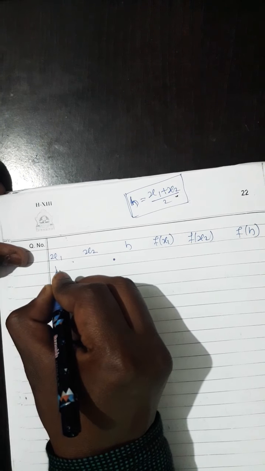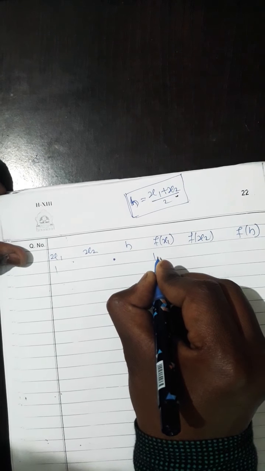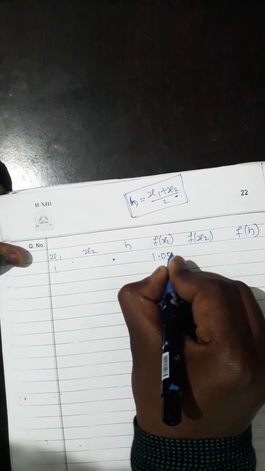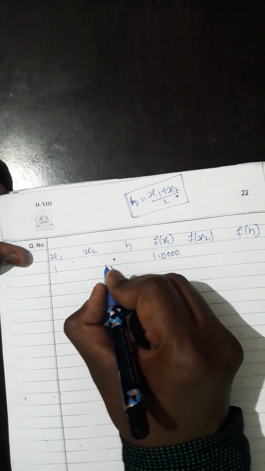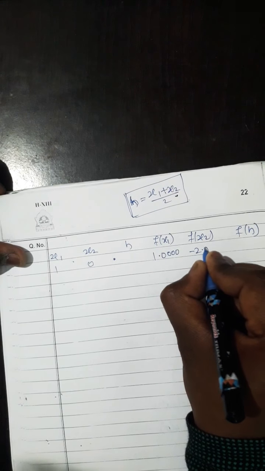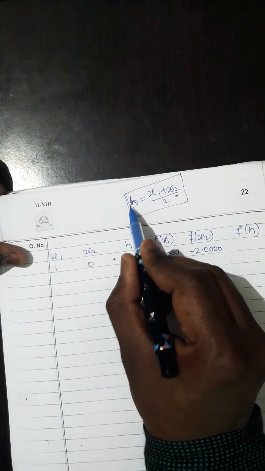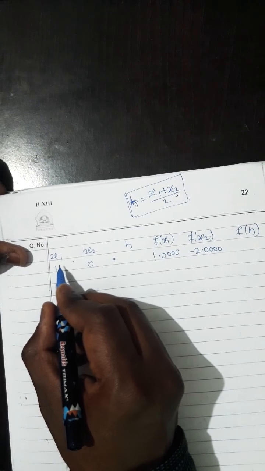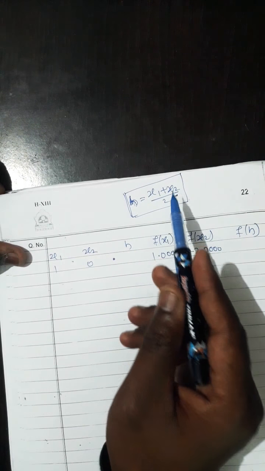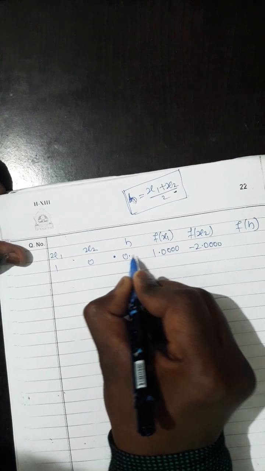Our first root is 1. When we inserted 1 in the given equation we received f of x1 as 1.0000, and when we inserted 0 we received minus 2.000. To find h, we take x1 plus x2 upon 2, that is 1 plus 0 divided by 2, which is 0.5.